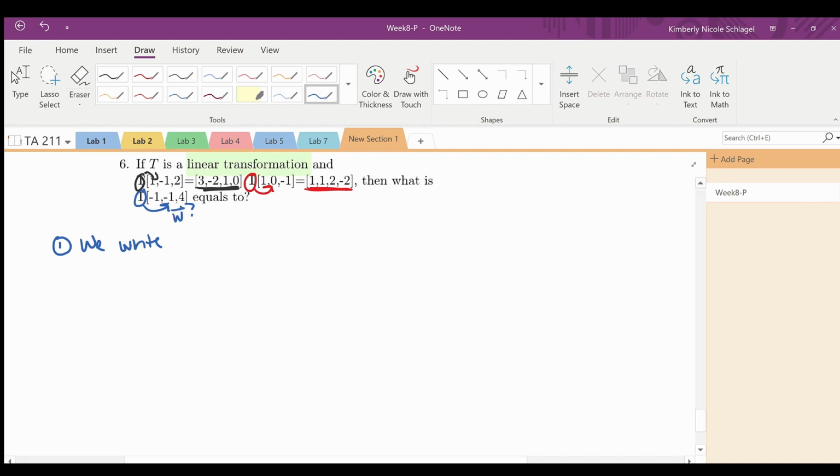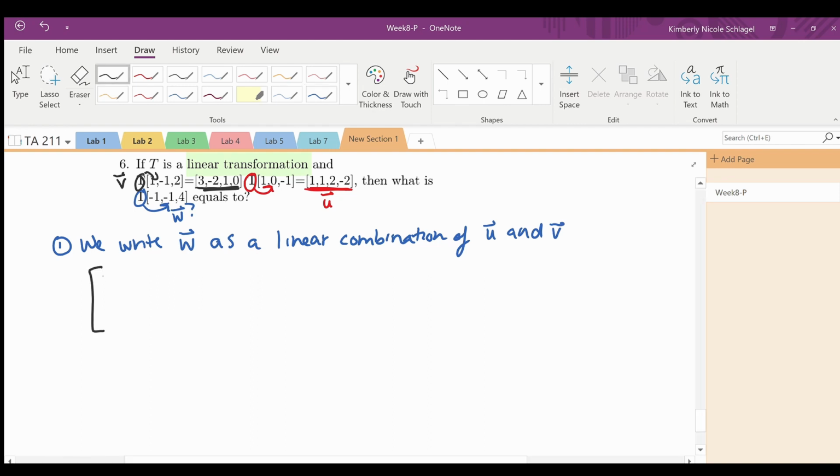I'm going to call this one W, this one U, and this one V. So the first thing we're going to do is write W as a linear combination of U and V. So we can write -1, -1, and 4 equals A times U plus B times V. Remember, it's a linear combination, so we don't yet know what multiple of these vectors W is equal to.